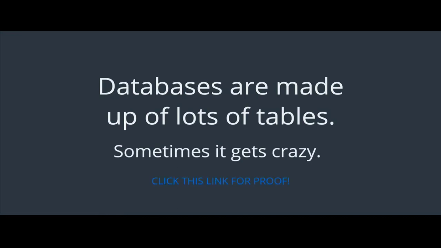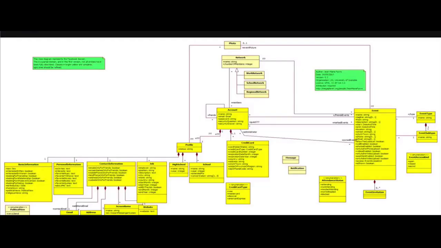Which shows you how sometimes it will just get crazy. You can click this link, or follow my instructions, to see the breakdown of some of the tables that a Facebook database or a social network might use in their database. This is not 100% accurate.